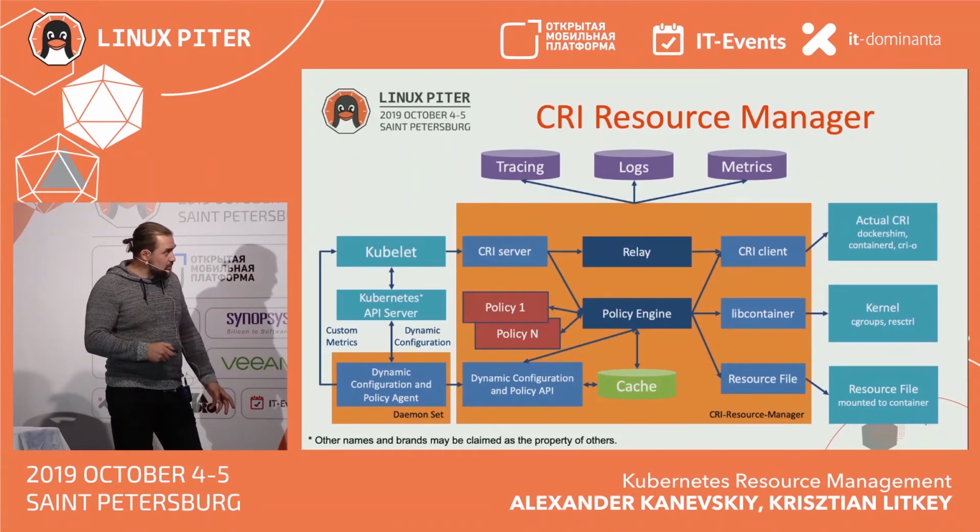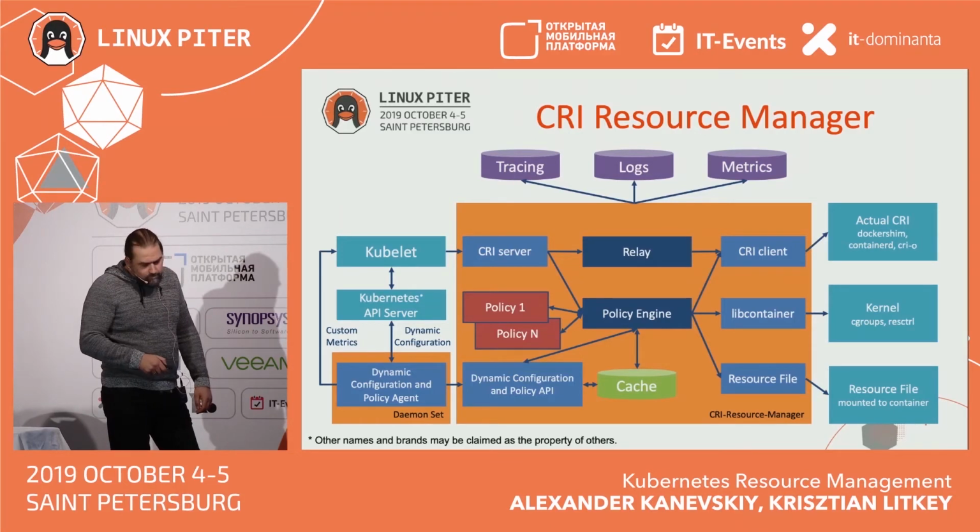So naturally, we are doing some logging, then we are collecting IPC traces, how information is passing through the Resource Manager, and a lot of metrics about the node and the containers that we are managing, and making those available to external components. Then you can see that the Resource Manager, as Sasha mentioned, is a proxy sitting between the kubelet and the actual container runtime. It is intercepting requests as they are flying by.